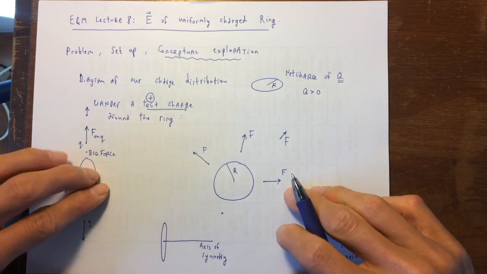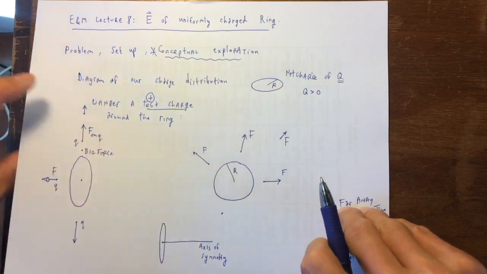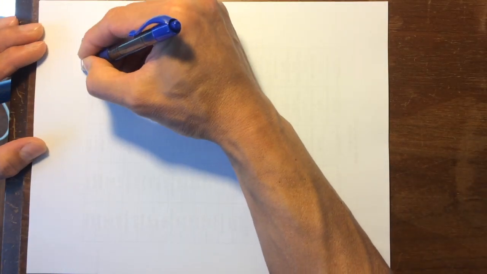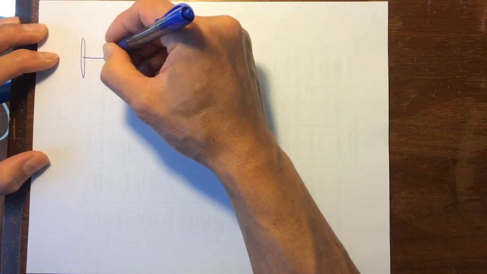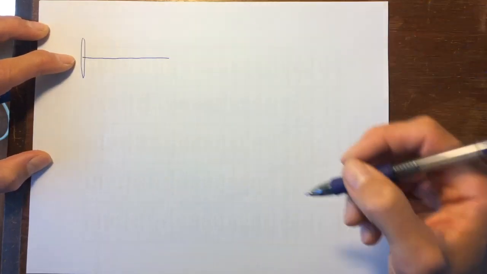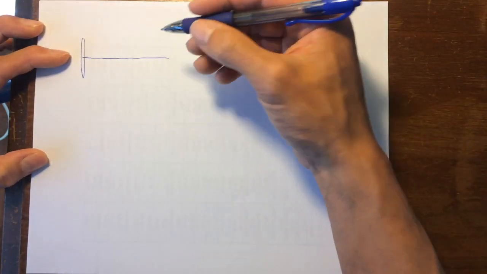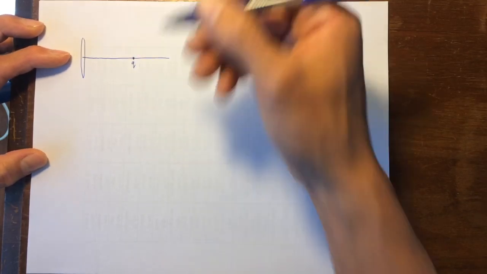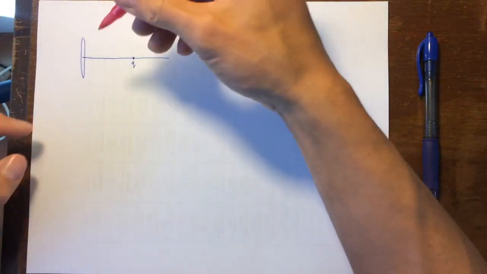So let me go on the next page. I'm doing a conceptual exploration. So here is this ring of charge, and I'm drawing it very flat because we are looking from the side. And here is this axis of symmetry that I mentioned before. And if I look at places along the axis, then what I'm going to get is something like this.